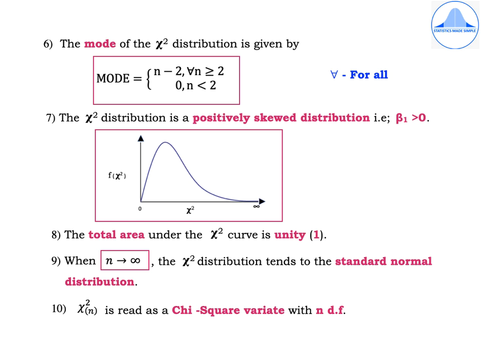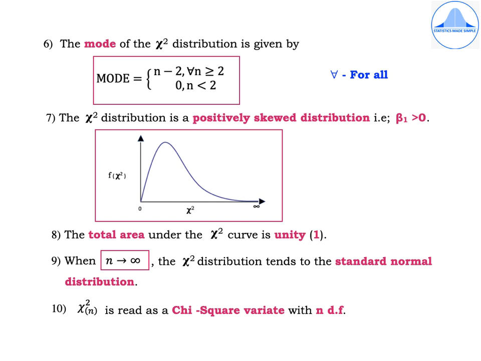So what does it mean? Whenever n takes a value equal to 2 or more than 2, then the mode is having the formula n minus 2. And when n takes the value less than 2, the mode will be equal to 0.